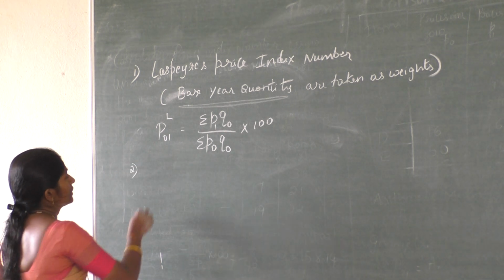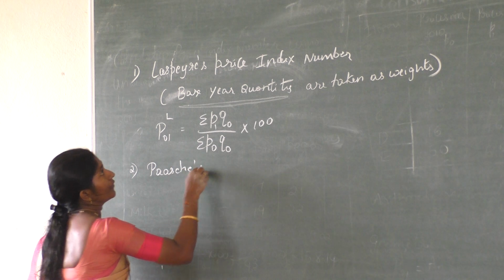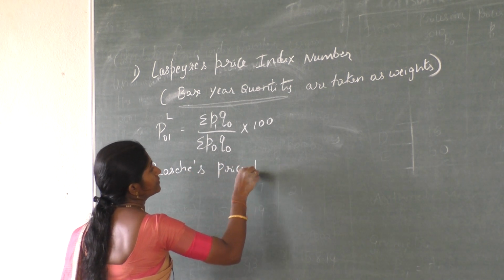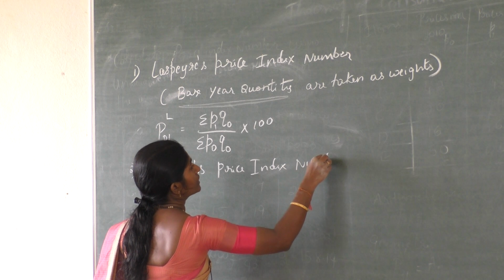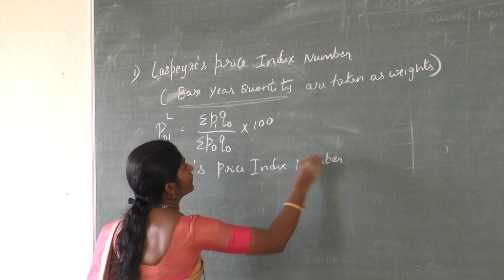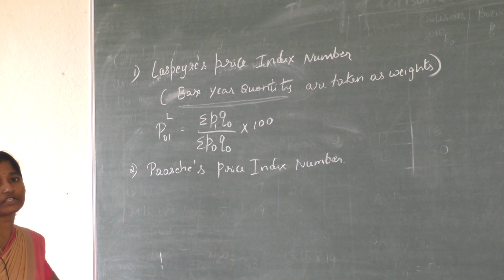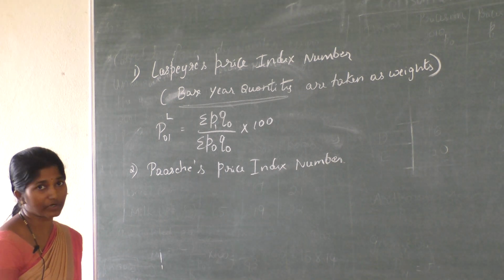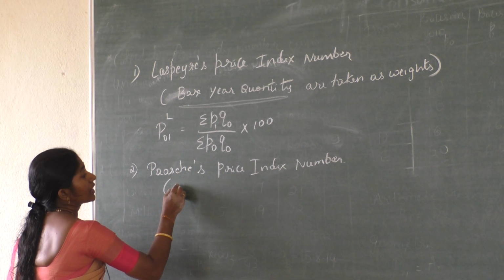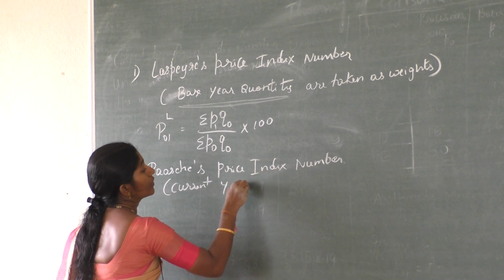Next, the second one, Paasche's price index number. This formula was given by the German statistician in 1874. Paasche's price index number uses the current year quantity.